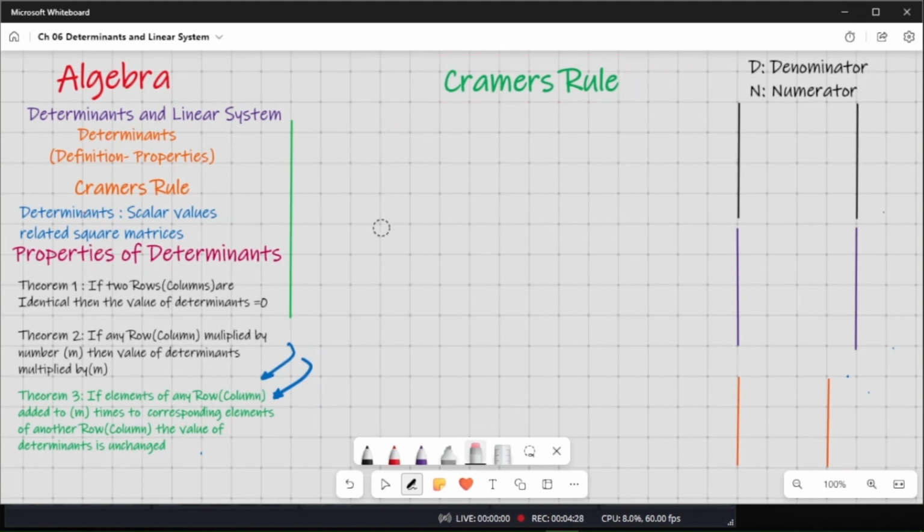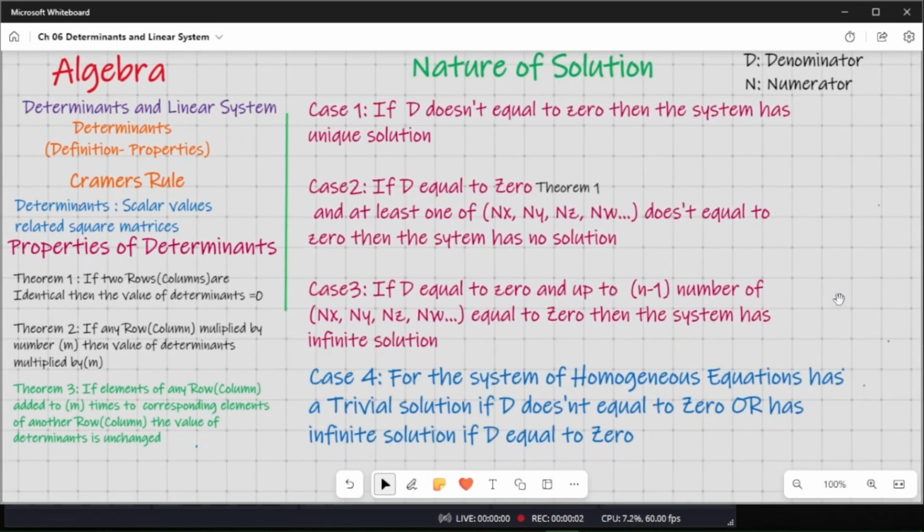The nature of solution of linear system. Here we have four cases of solution.